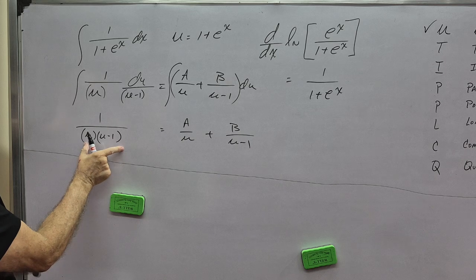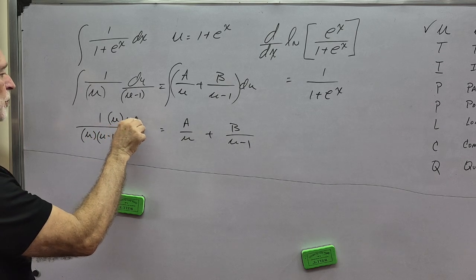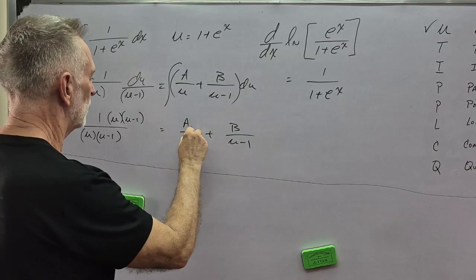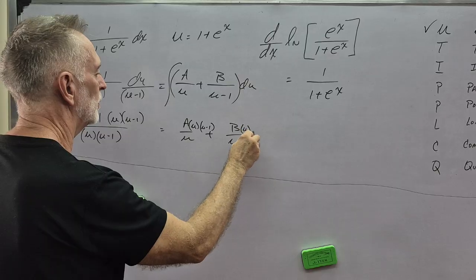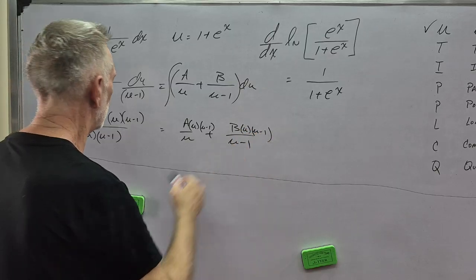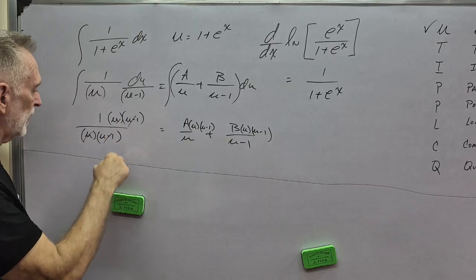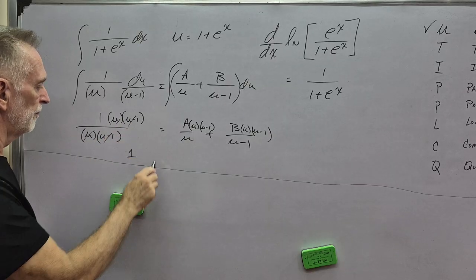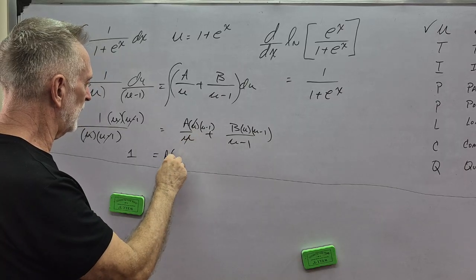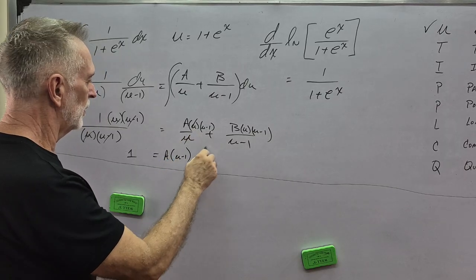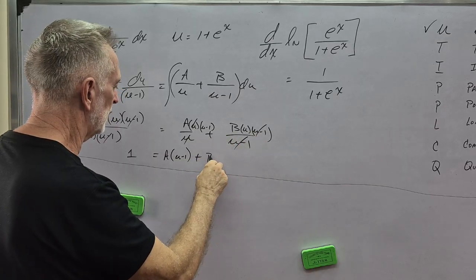If I multiply both sides by u times u minus 1, you'll notice in this side all terms cancel except for the 1. In this one, the u canceled. I'm left with a times u minus 1, plus the u minus 1 cancels, plus b u.